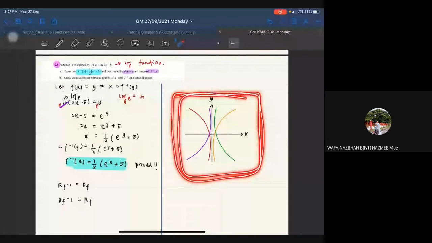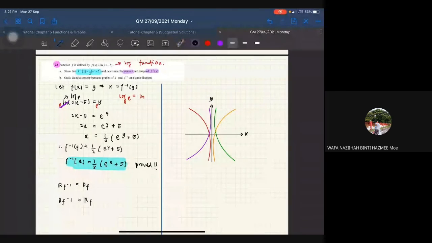Okay, so kita tengok sekarang ni dekat awak punya graph yang this one. Okay, so kita tengok dulu pada kawasan range. So untuk range kita sekarang, dia daripada mana sampai mana? Sekejap saya tulis kat sini, fx equal to ln 2x minus 5. Okay, so bila kita tengok this one, bentuk dia adalah yang the first one.